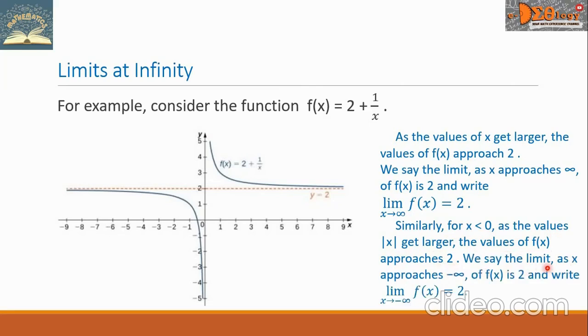We say the limit as x approaches negative infinity of f of x is 2 and write limit of f of x as x approaches negative infinity equals 2. Now, the line y equals 2 is a horizontal asymptote of the function.